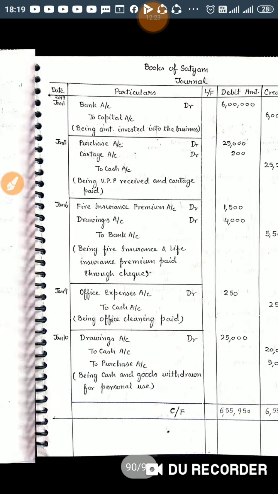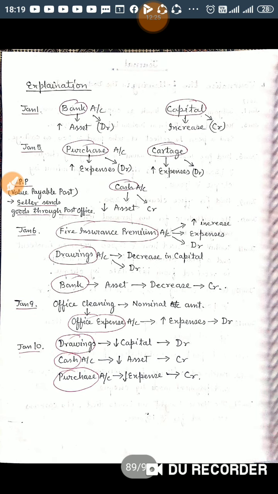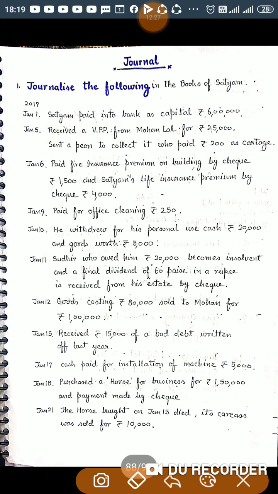Now next is January 18, purchased a horse for business for rupees 1,50,000 and payment made by check. As we have discussed, when you are purchasing an animal, it should be recorded under one account, known as livestock.